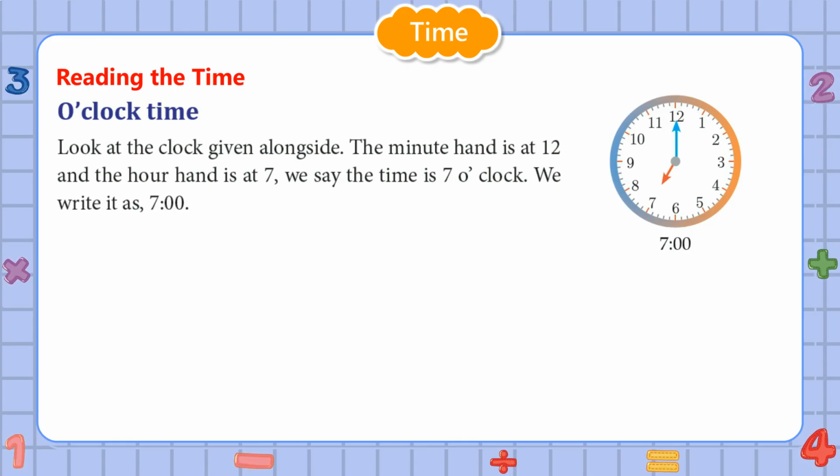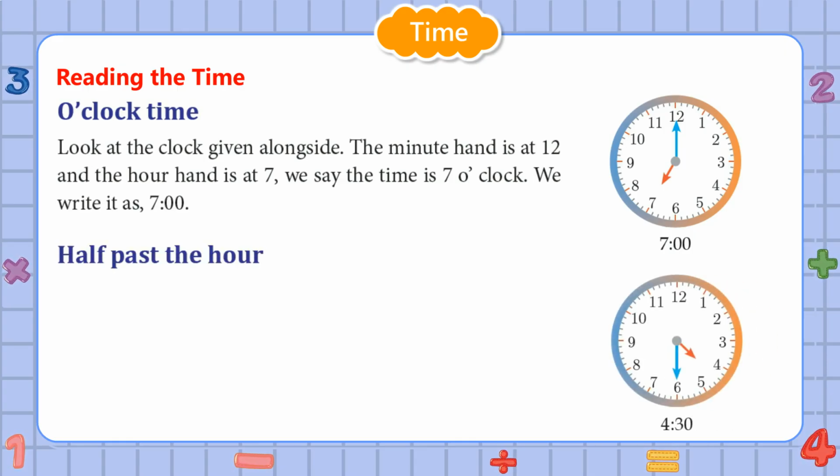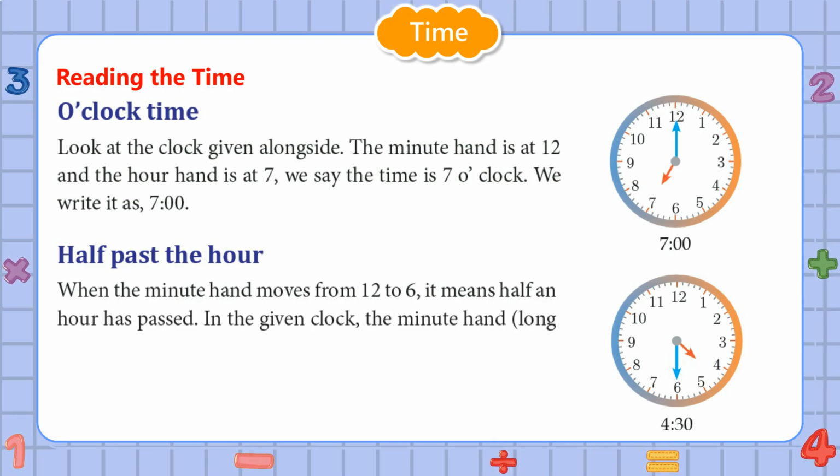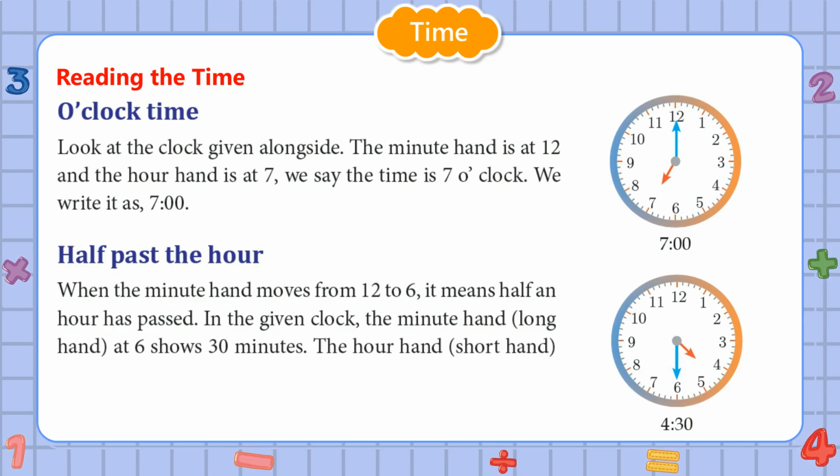We write it as 7:00. Half past the hour. When the minute hand moves from 12 to 6, it means half an hour has passed. In the given clock, the minute hand or long hand at 6 shows 30 minutes. The hour hand or short hand is halfway between 4 and 5.